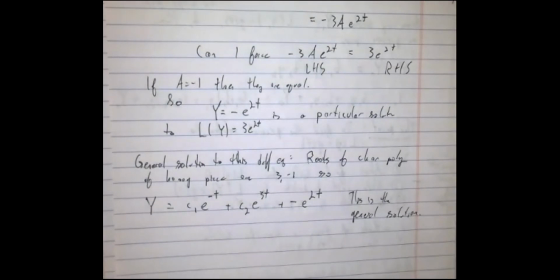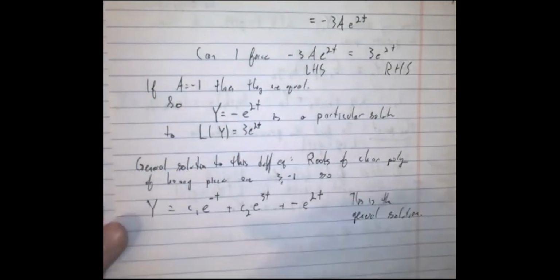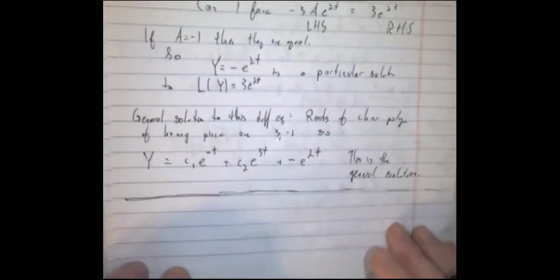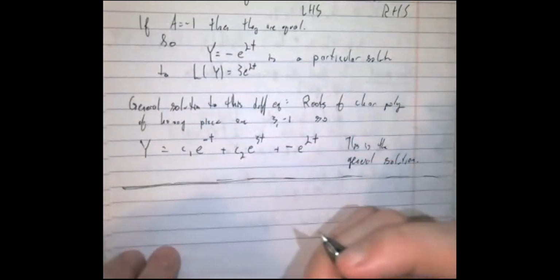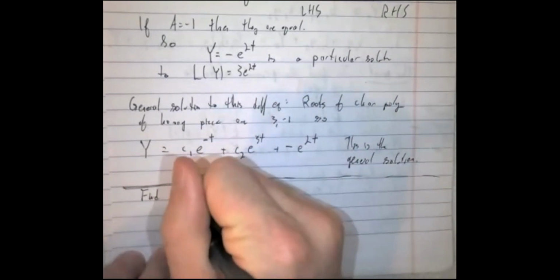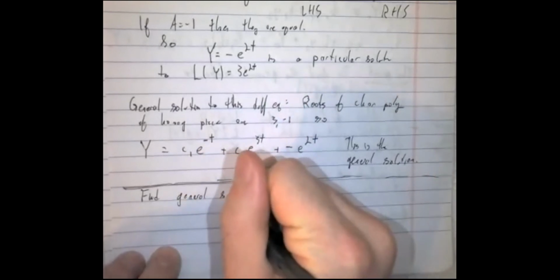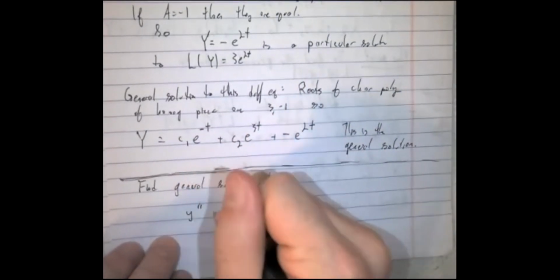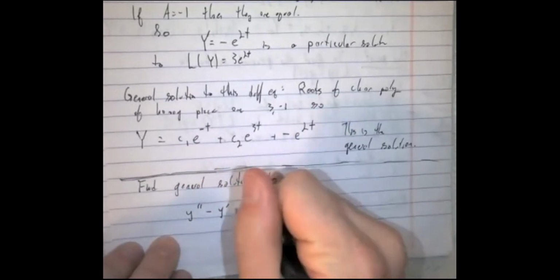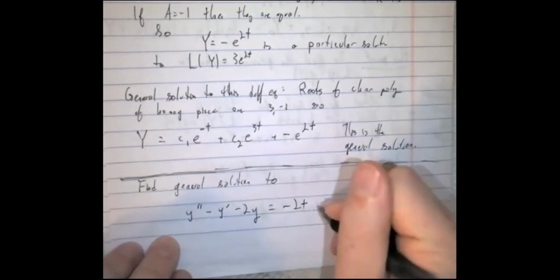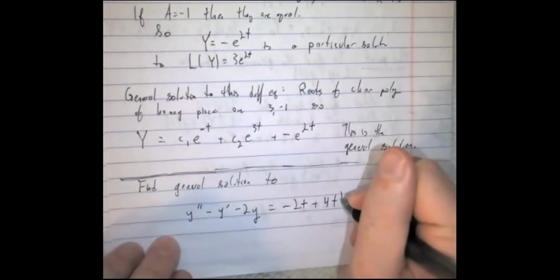Well, in that case, let's do another. Let me do the following. Find the general solution to y double prime minus y prime minus 2y is equal to negative 2t plus 4t squared.